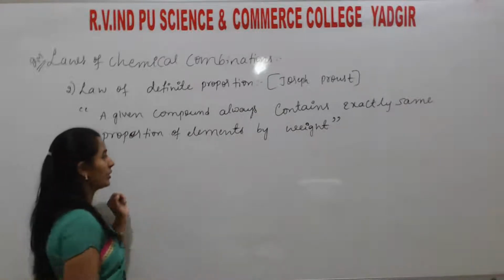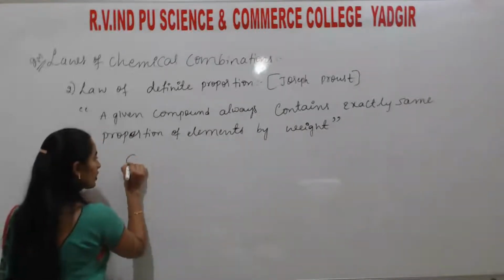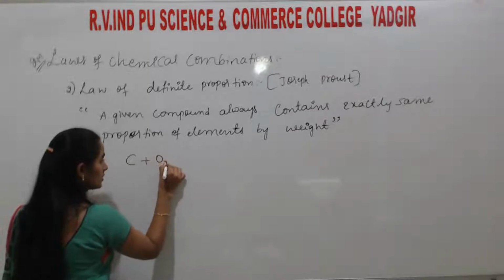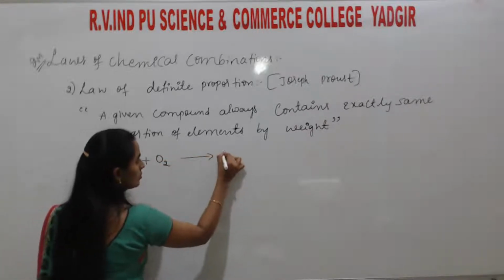I'll take two examples here. The first one is the formation of CO2: C plus O2 gives rise to CO2.